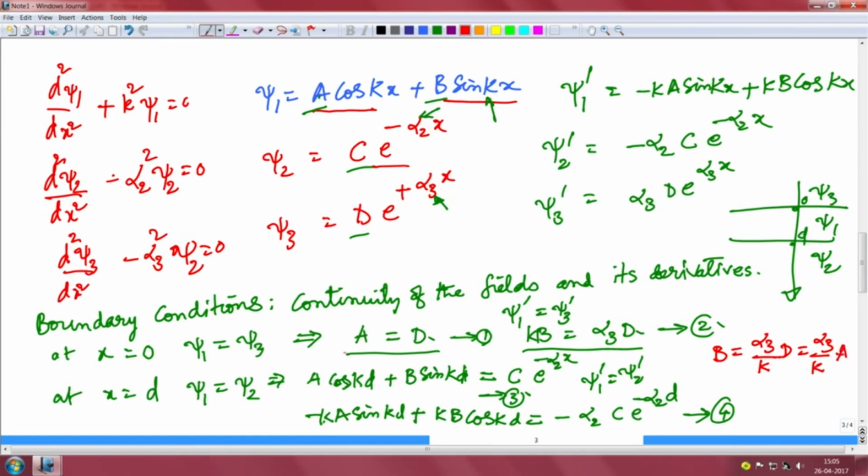These are the two constants we have eliminated.